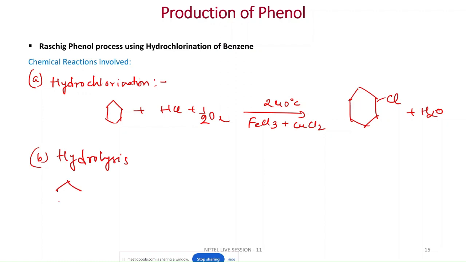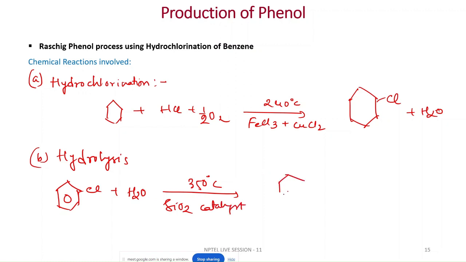In the second step, that is hydrolysis, the monochlorobenzene is hydrolyzed at a temperature of 350 degrees Celsius where SiO2 catalyst is used, and we get phenol out of there, and HCl is produced that can be recycled.